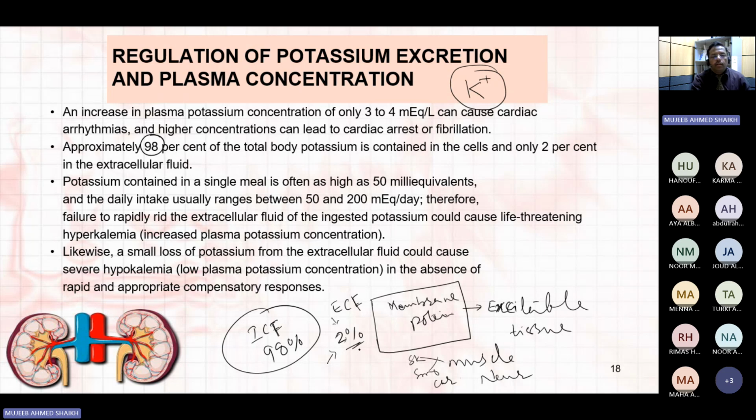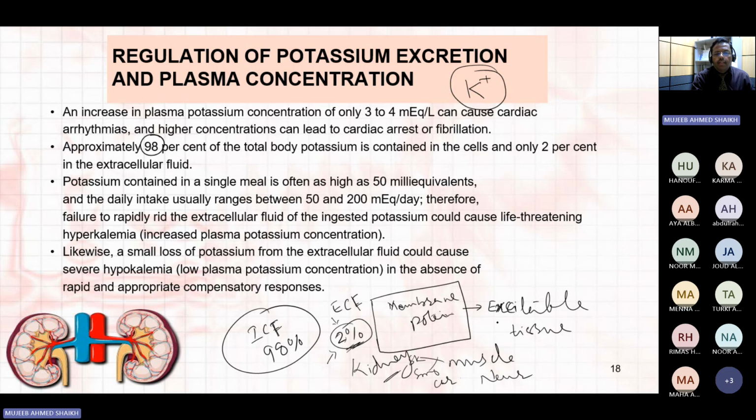And there is a very important role of potassium in excitable cells. So we have to regulate this 2%. And the kidney is helping in regulation of the potassium ion critically, because we are eating anything and we are not bothering about how much potassium is there or not.